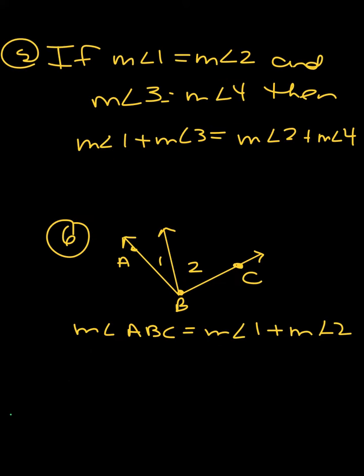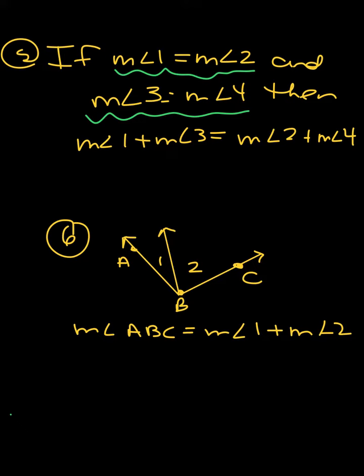The next topics we're going to compare are addition property of equality and angle addition postulate. Students often confuse these two topics when we start working on proofs. So if you look at number 5, I have the measure of angle 1 is equal to the measure of angle 2. That's one equality statement. And then I have the measure of angle 3 is equal to the measure of angle 4. That's another equality statement.